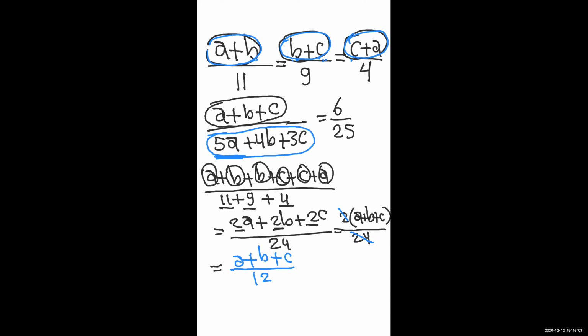Okay, so what I'm going to do right now, in order to get 5A, simply I will multiply the first ratio by 3, which contains A. So multiply this one, first ratio times 3, and the last also times 2.